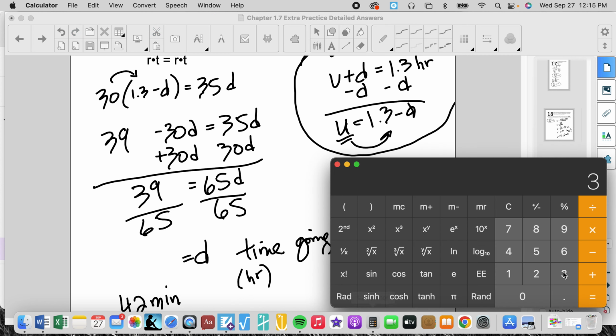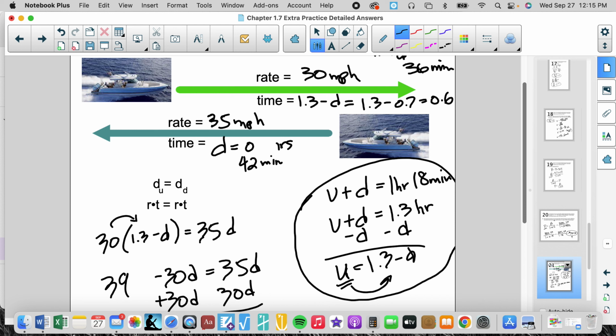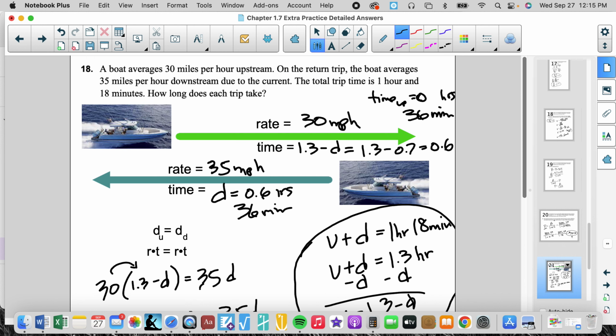Who wants to guess? 39 divided by 65, better give me 0.6. Boom! 0.6, which is 36 minutes, which is the time going downstream. My bad. And then if we subtract that, you'll get 0.7 up here, and 42 minutes. My bad. Sorry. That's going to be 0.6, and that's going to be 0.7.